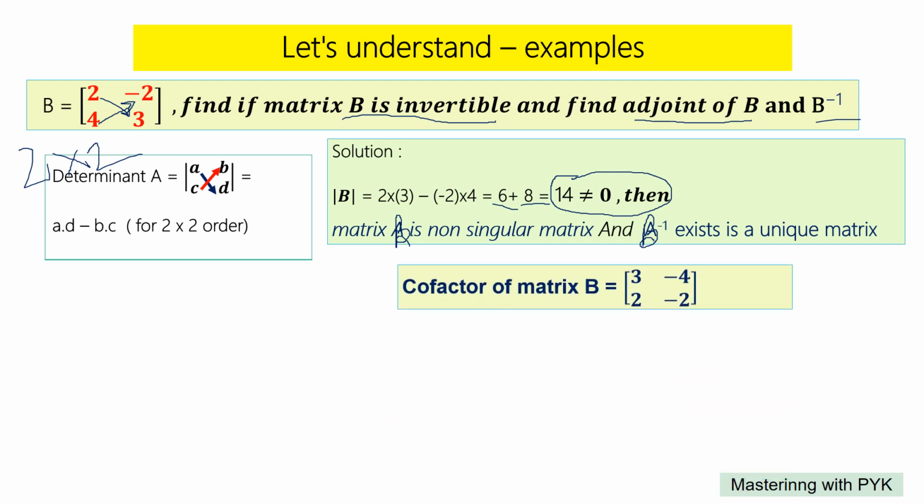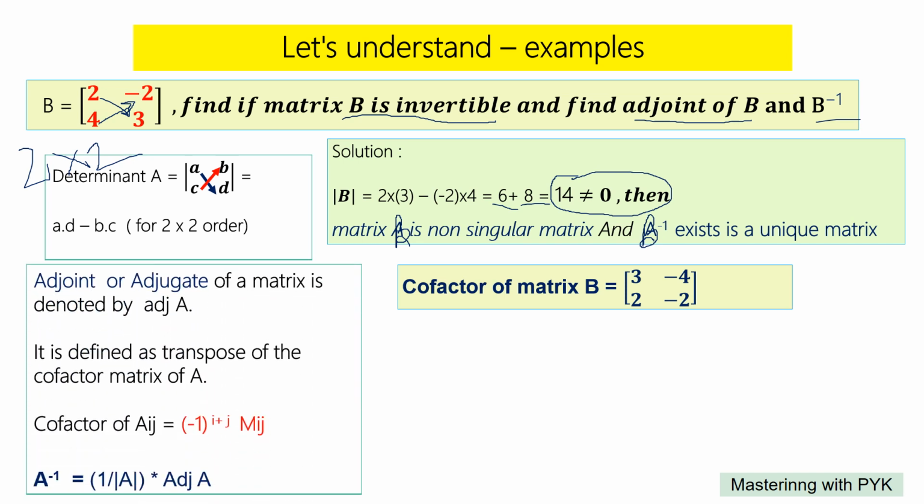Now the cofactors of B. How do we find the cofactors of B? We find them with the formula Mij multiplied by minus 1 to the power i plus j. For this we remember the signs, which will be plus, minus and minus, plus, right? So here it's very easy. For M11 we ignore the column and the row. We are left with 3.